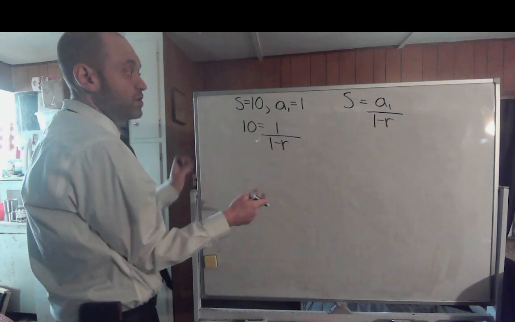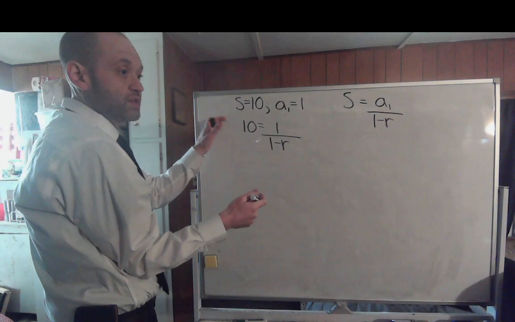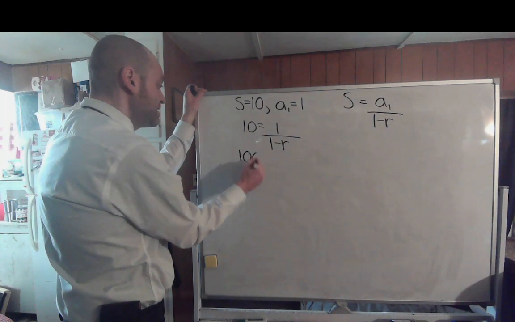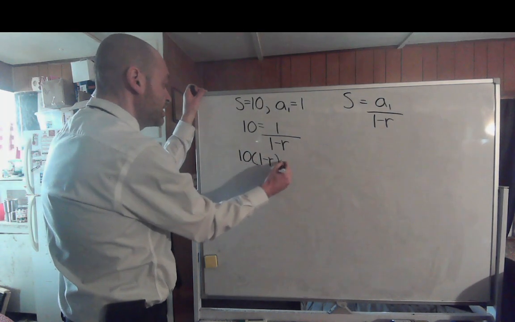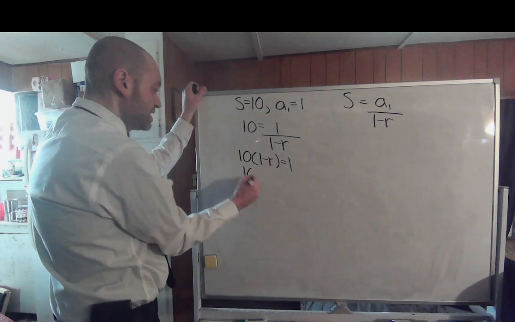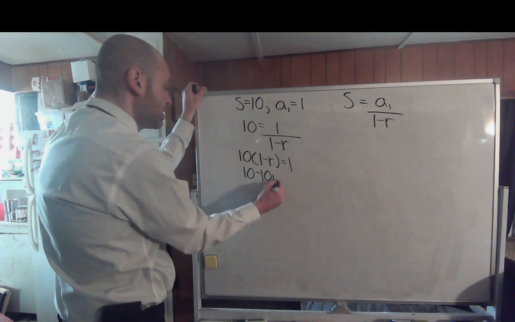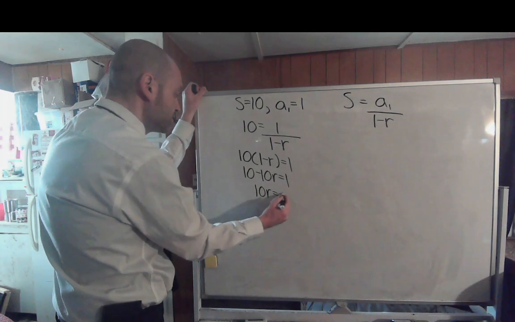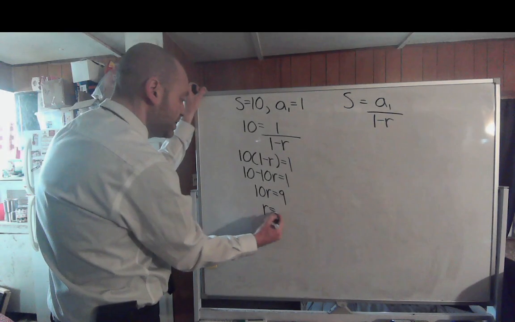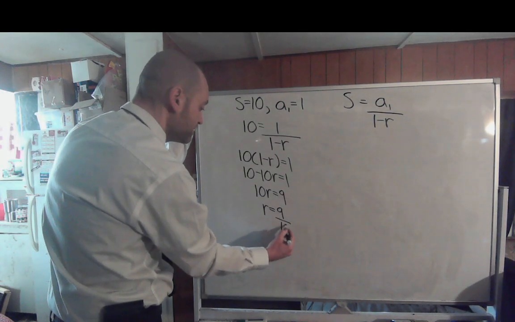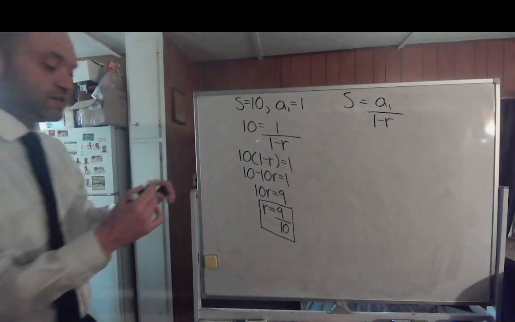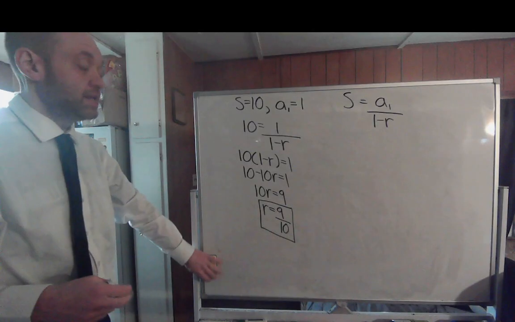We're going to solve for r to find your common ratio for this infinite geometric series. So this would turn into 10 times 1 minus r equals 1. You get 10 minus 10r equals 1, which would give you 10r equals 9, meaning your common ratio would be 9/10. So the common ratio of this infinite geometric series would be 9/10.